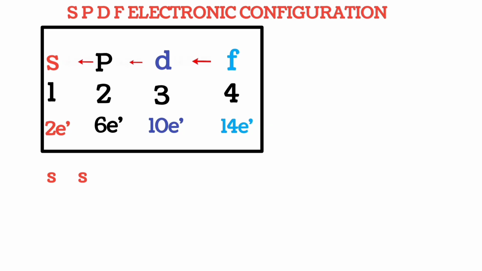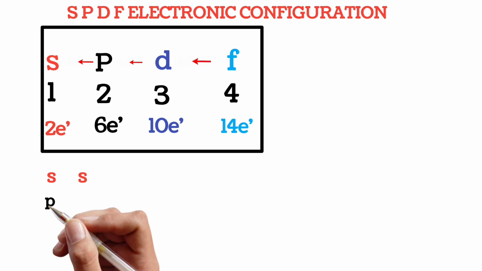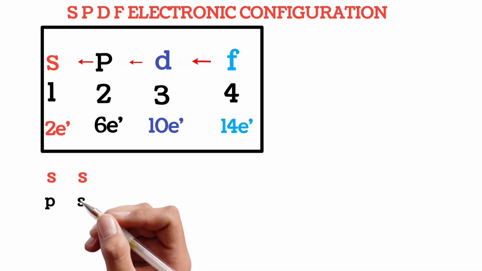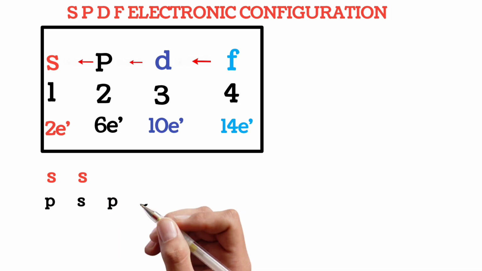So what are we going to have? We are going to have our p, and then our s. We are going to write ps. That is our second series of orbitals, ps. And of course, we remember that for each series, we write it twice, meaning we are going to have ps and ps. I repeat, we are writing twice, meaning we are going to have ps and ps. Hope it is clear.